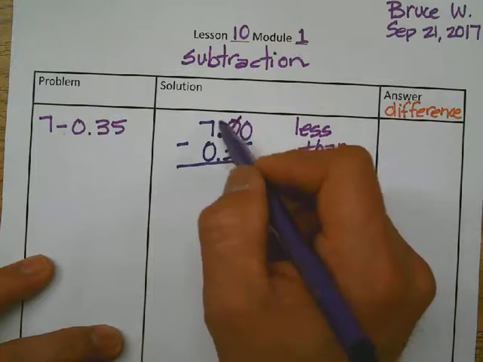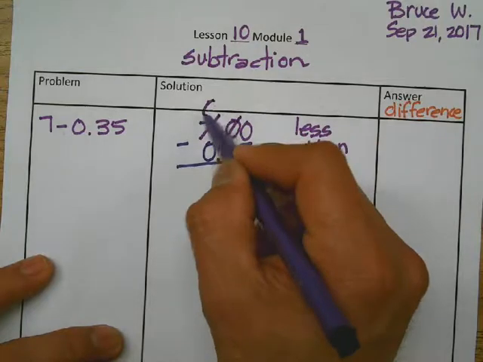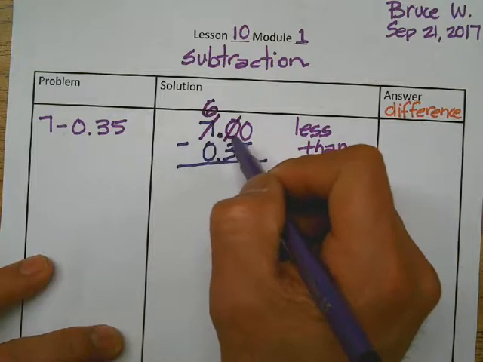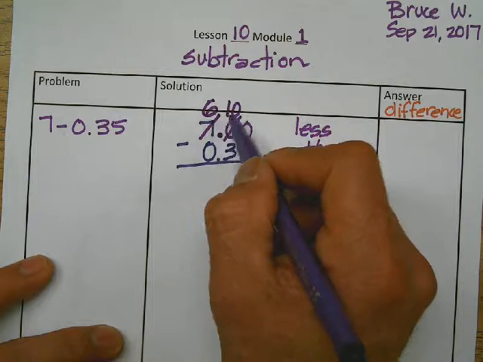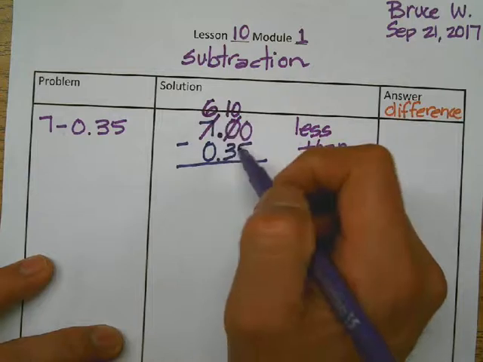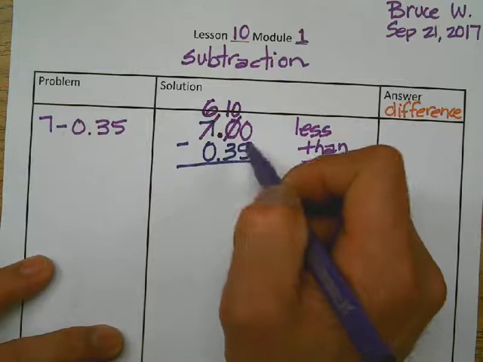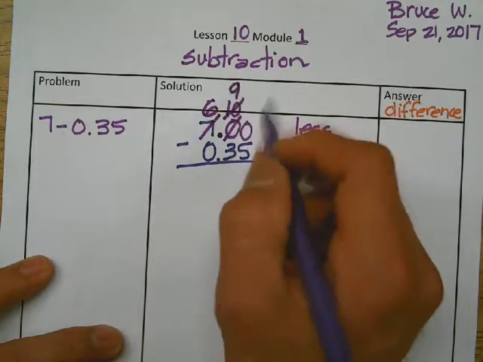And so we borrow 1 tenth, and that becomes 6 tenths. And the 0 becomes 10 because we borrow 10 hundredths. Now the hundredths place can borrow from the tenths place, and the 1 tenth becomes 10 ones.